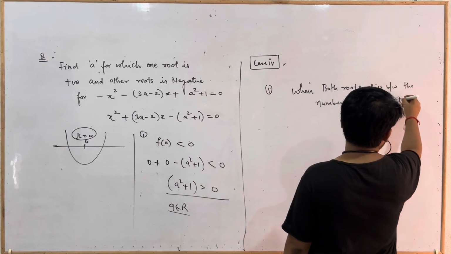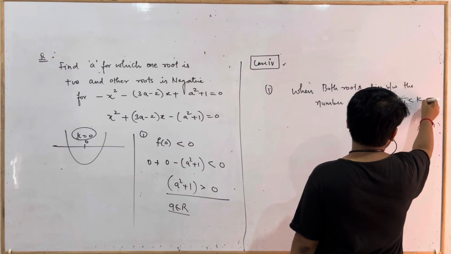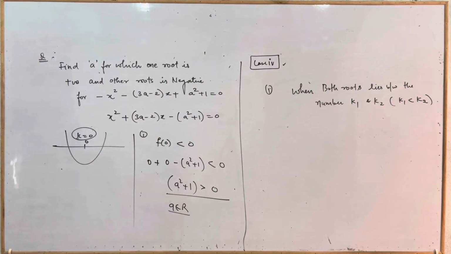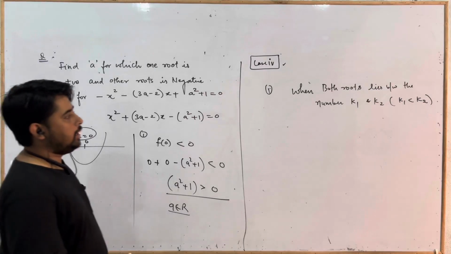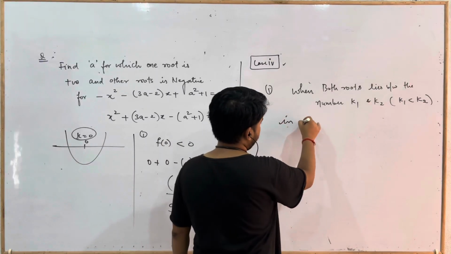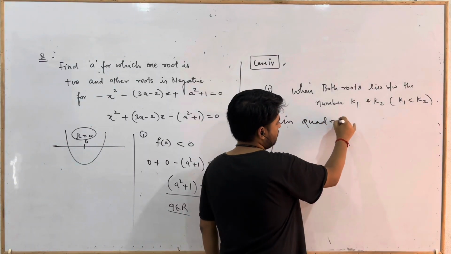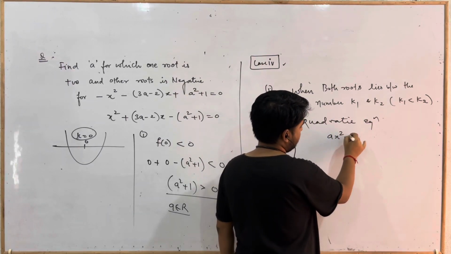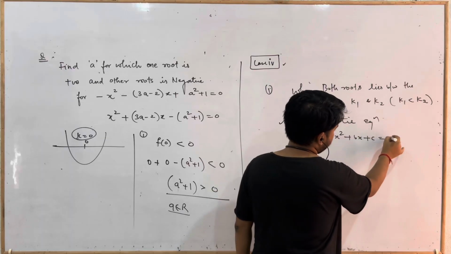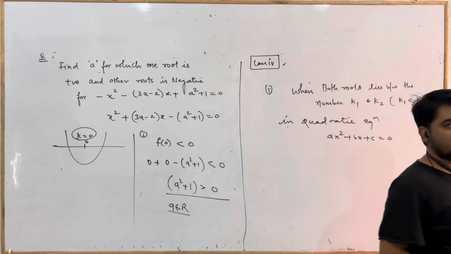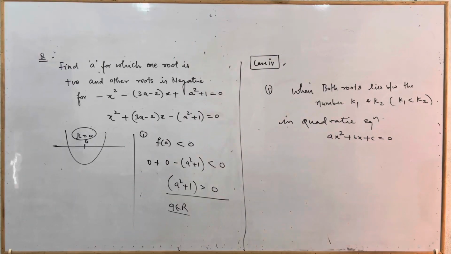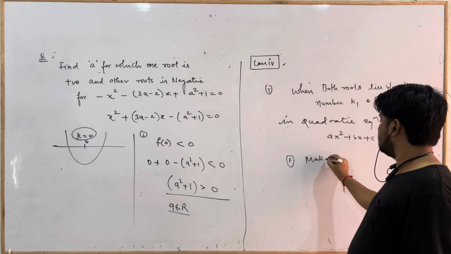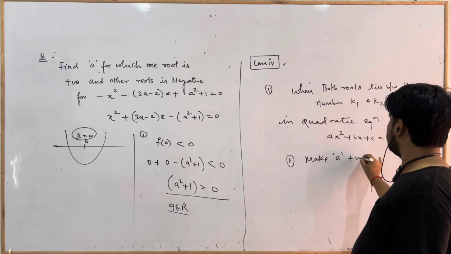I am saying that k1 is less than k2. In the quadratic equation ax square plus bx plus c equal to 0, this is our case. So the very first thing I am doing is making a positive, if possible.